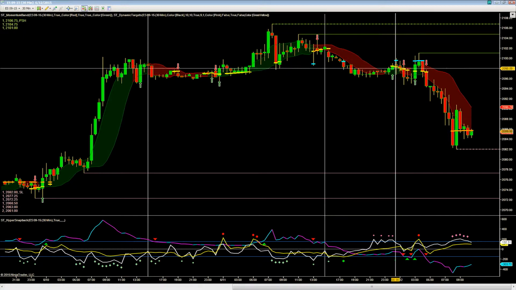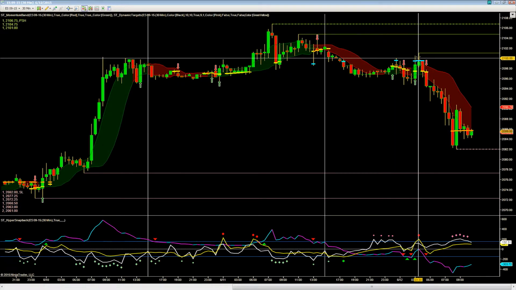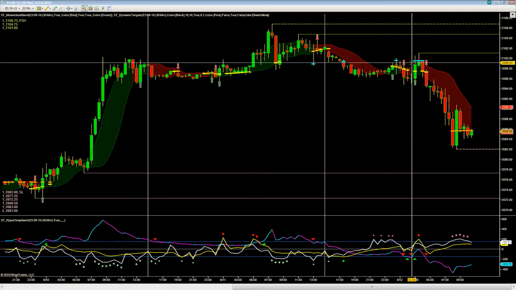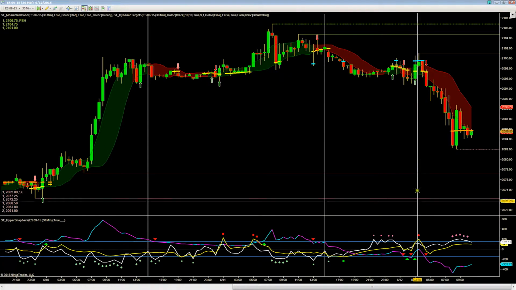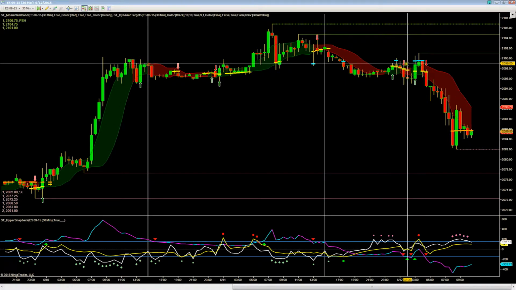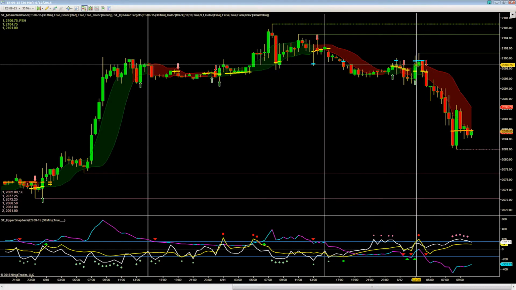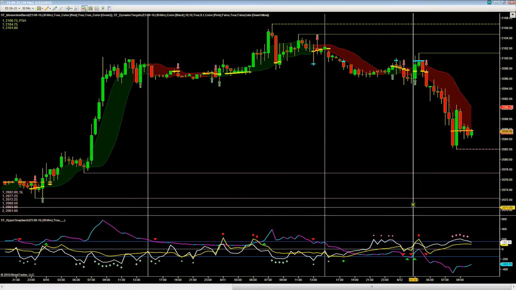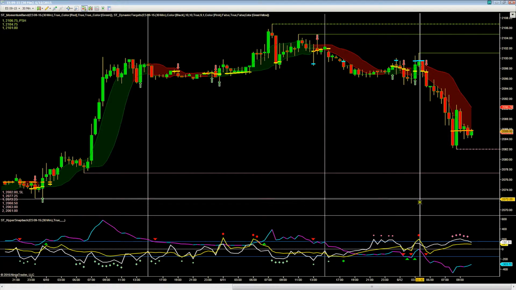And as you can see right here on this 30-minute, and this is the ES 6/12/2015, they're clustered together. So this is identifying a pattern for you, along with our very famous hyper snapback signal. And as price cannot go through either one of these delineation lines, it accelerates down. So it makes the hyper snapback even stronger.